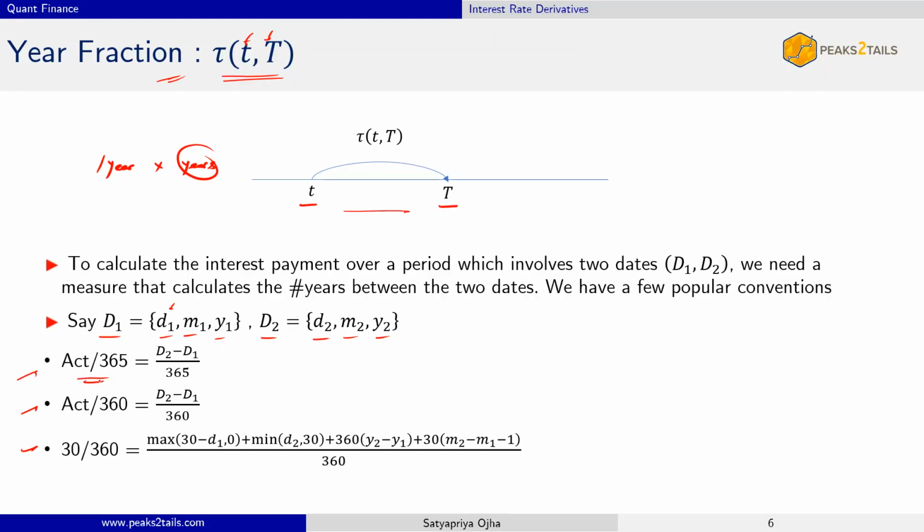The first convention is actual by 365. If you're going by this convention, the formula to calculate the year fraction between these 2 dates is simply (D2 minus D1) divided by 365, the number of days between these two divided by 365. That's the formula. One thing I have not given here is the handling of holidays.